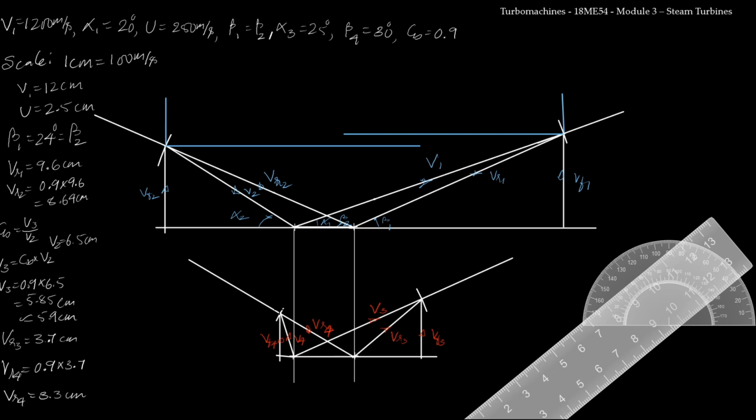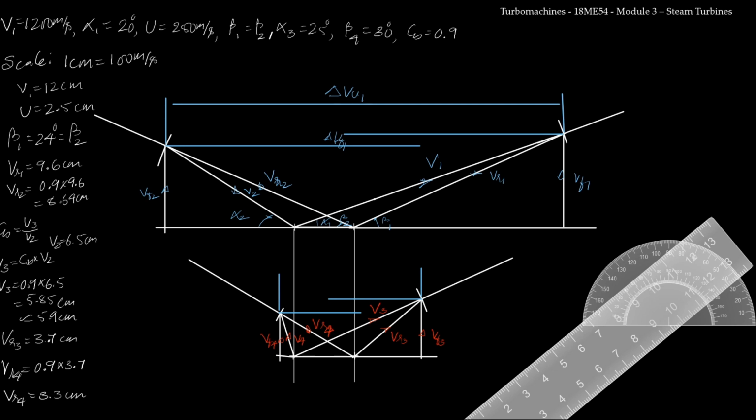Similarly, to measure the delta Vu for the second stage, I will draw two vertical lines from the apex of both the inlet and outlet velocity triangle, and I will draw horizontal lines from the apex of inlet and outlet velocity triangles. So this entire length from here till here, this is our delta Vu1, this is delta Vf1.